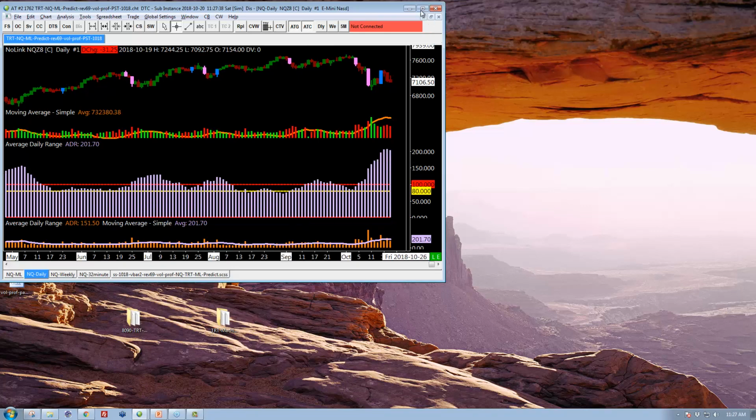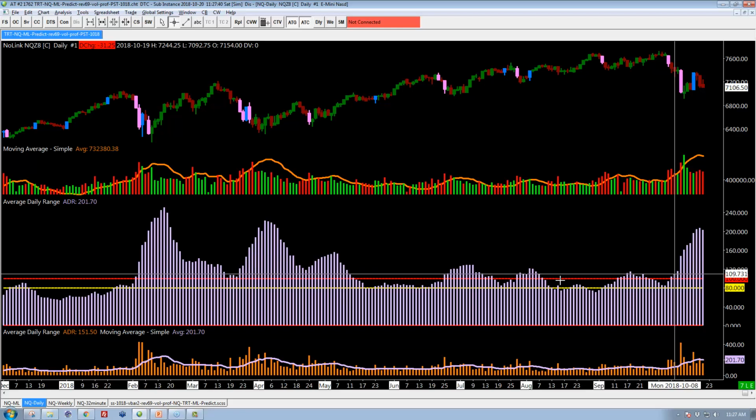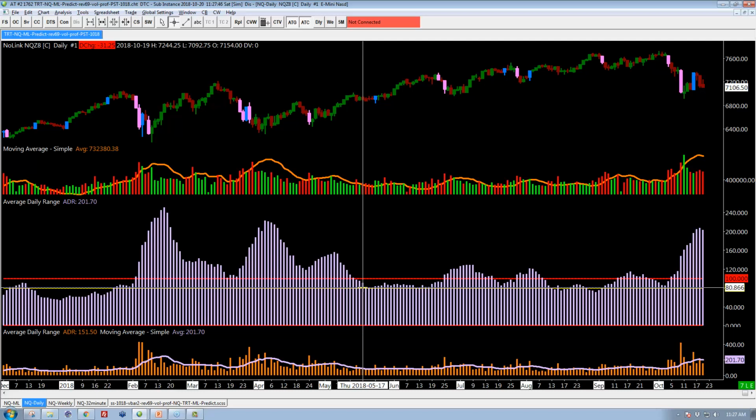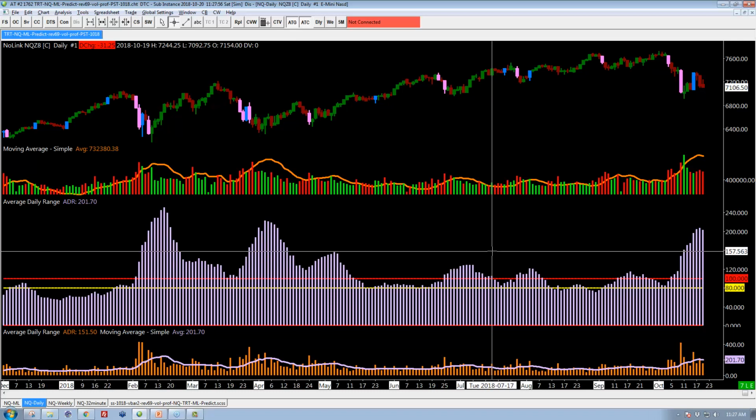So, it's easy. Just take this chart and look at it and see what the range has done over the last period. You can compare it to this. Actually, I would imagine bonds are very highly correlated to the stock market.